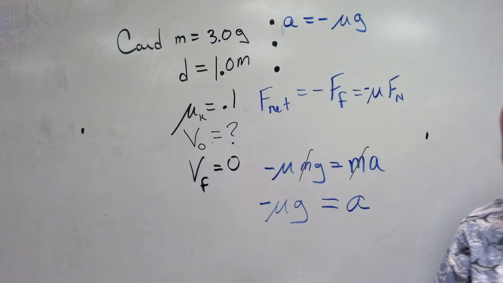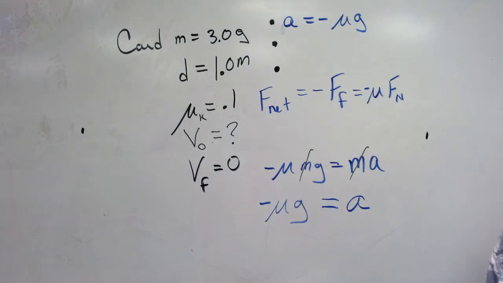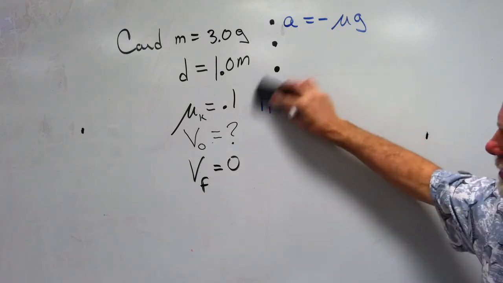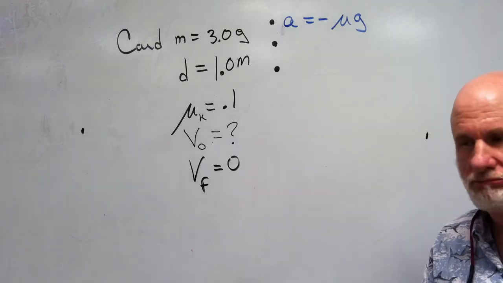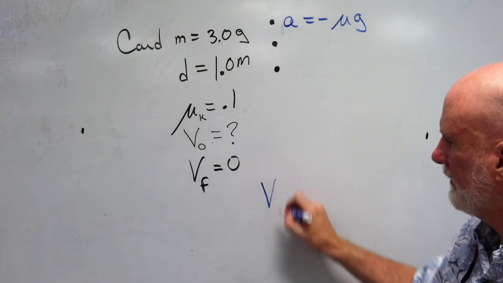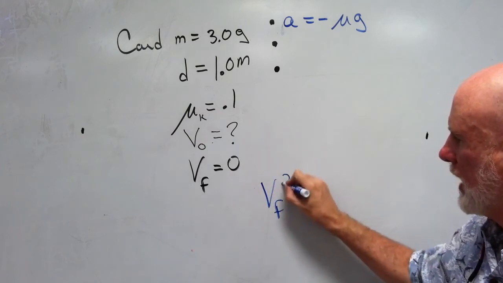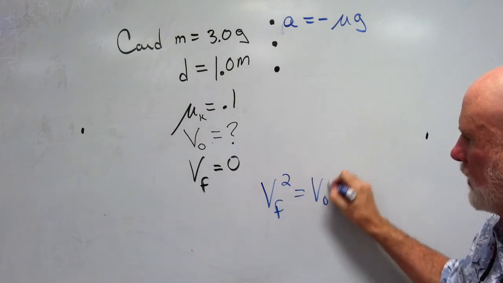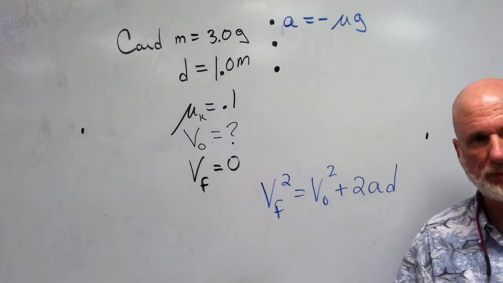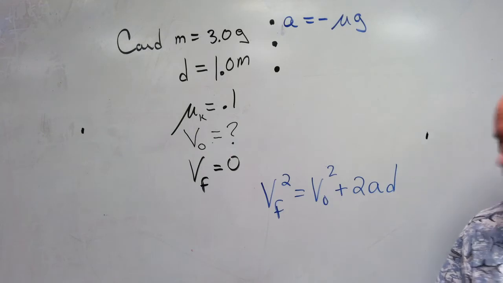Good? Negative mu g. Now, let's erase this. Good stuff so far? Follow me? We know that V final squared equals V naught squared plus 2AD. Easy?